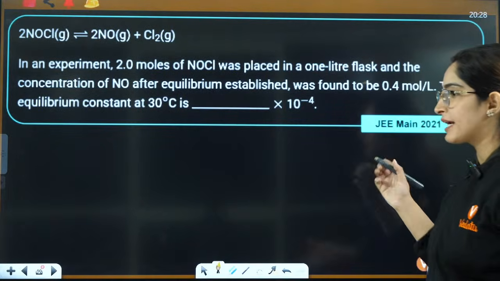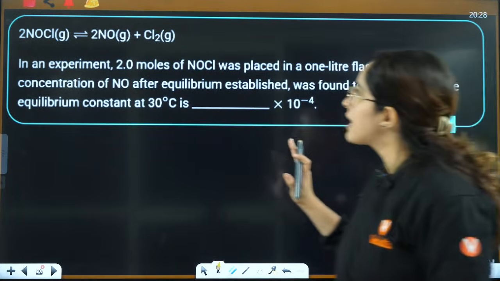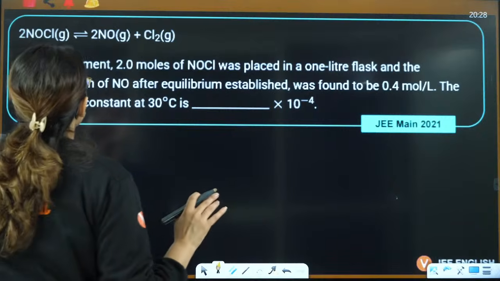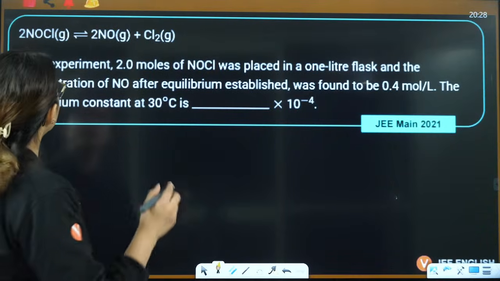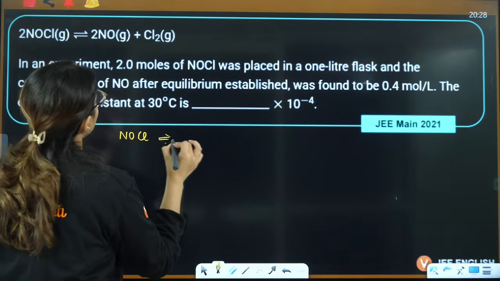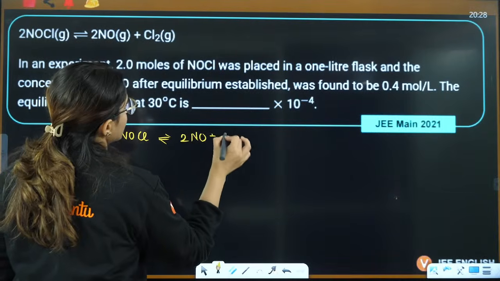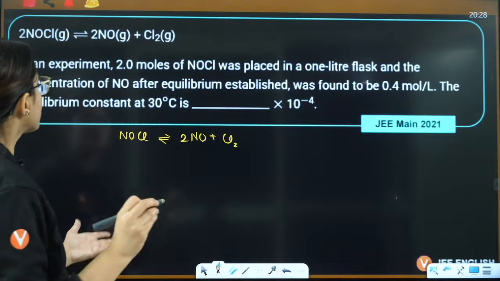Negative log, negative what? Achha, see, JEE 2021 question, that is 2 NOCl and this. In an experiment, this much of NOCl is placed in 1 liter. So what we have here, you have 2NOCl giving rise to 2NO plus Cl2. And they have given the initial value. Initial is 2 moles.